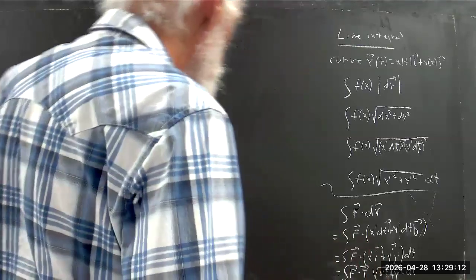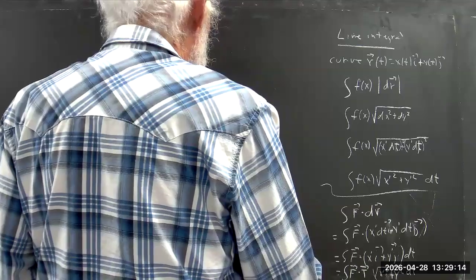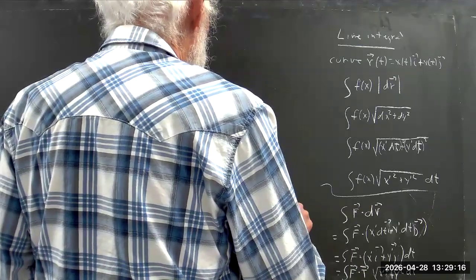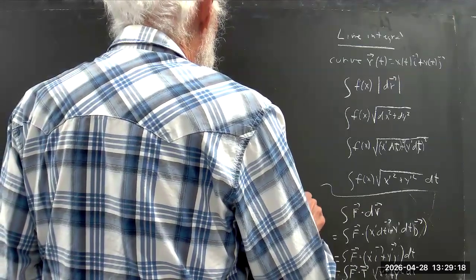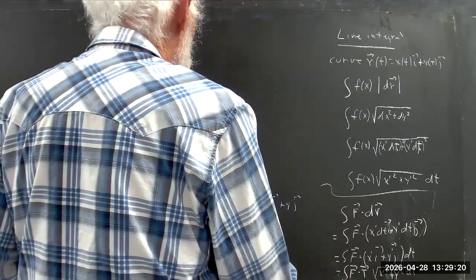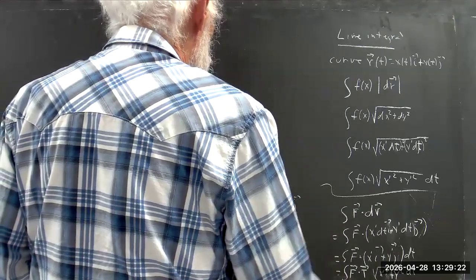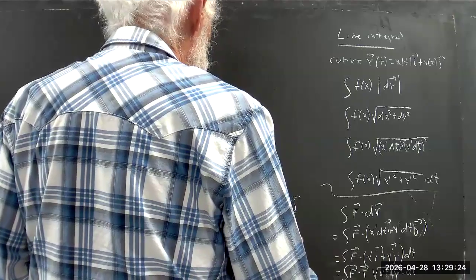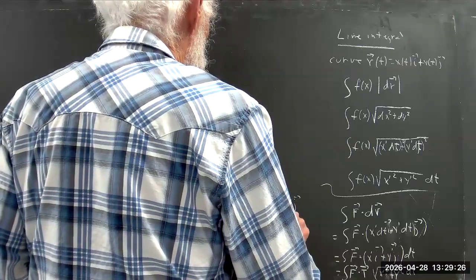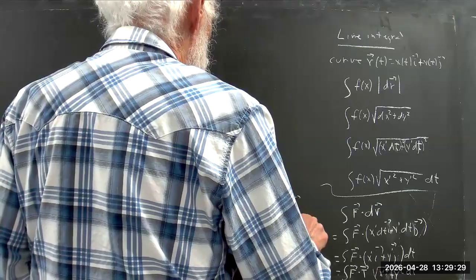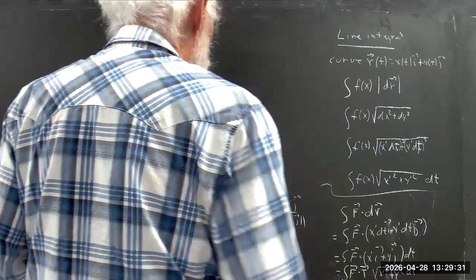And I'll make a little note over here. x prime i plus y prime j. Well, your unit tangent vector is this over the magnitude of x prime i plus y prime j.